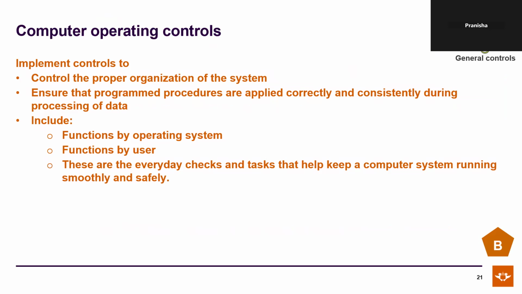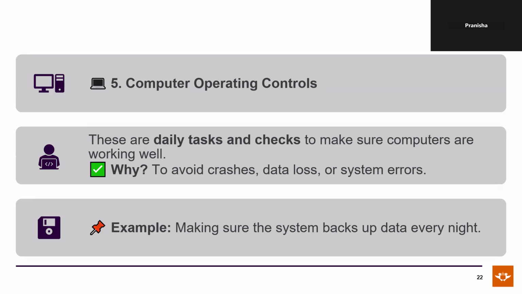This here is literally controls built around the computer system to ensure that, let's think of it as a computer or the system, that the system is actually operating and working the way it's meant to. So an example would be, let's say we have daily checks.